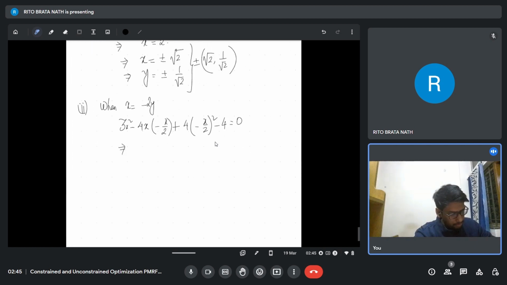And this gives you 3x square plus 2x square plus x square minus 4 equals 0.